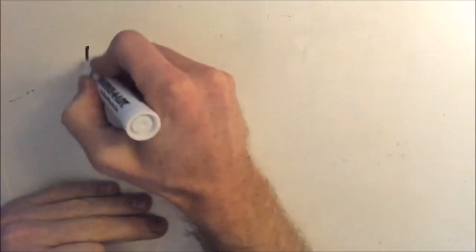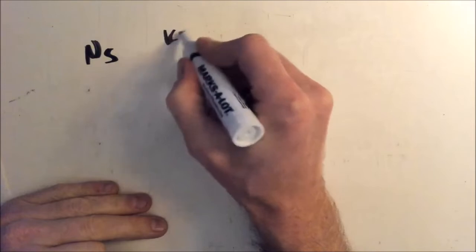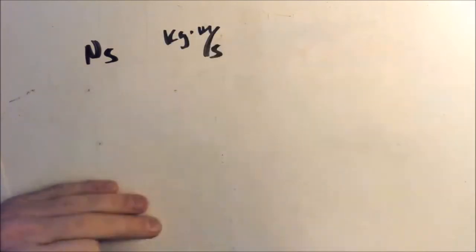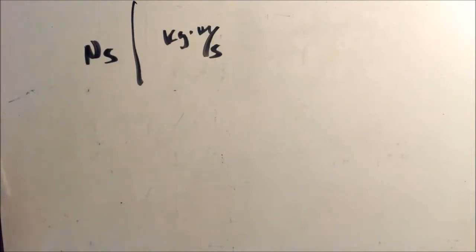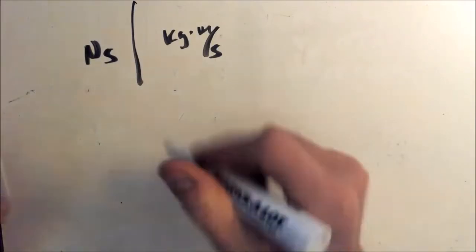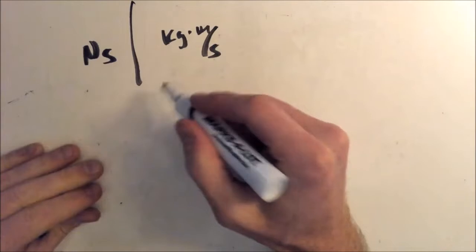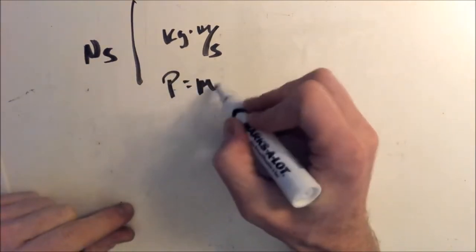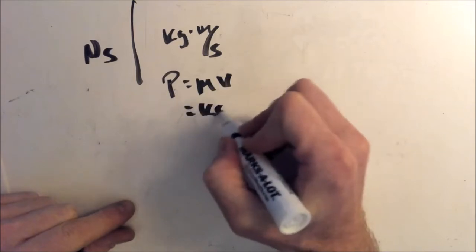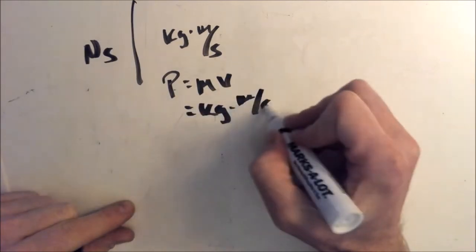So let's go ahead and prove that real quick. Now, we have Newton seconds and kilogram meters per second for our units for momentum. And again, I submit that they are in fact the same thing. Kilogram meters per second is easy to see because momentum is equal to mass times velocity, or kilograms multiplied by meters per second.